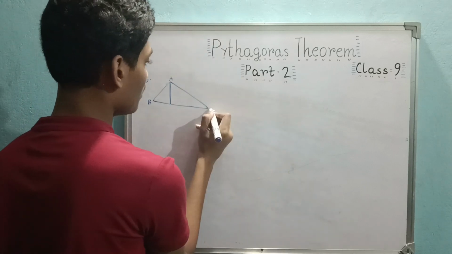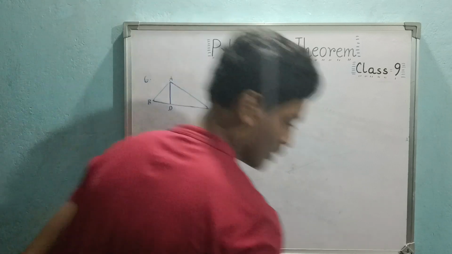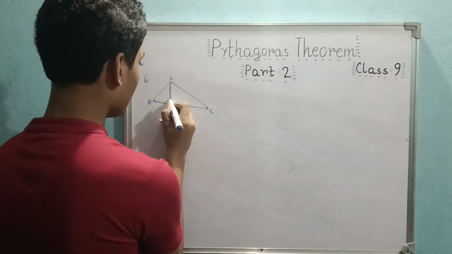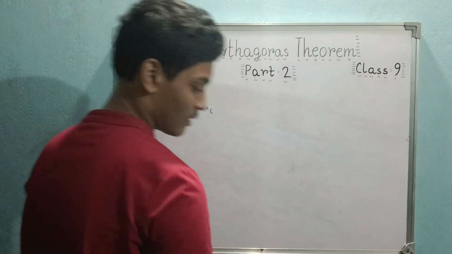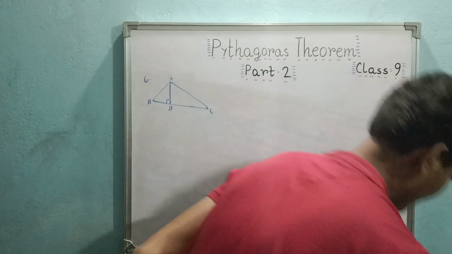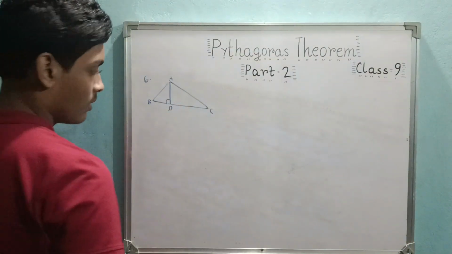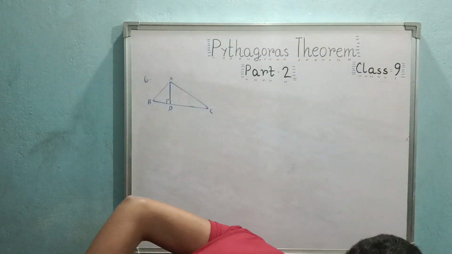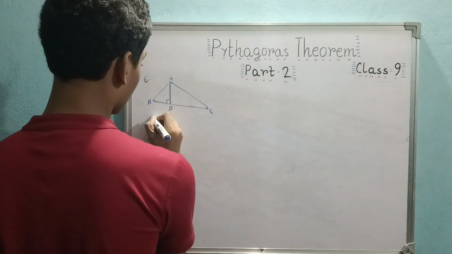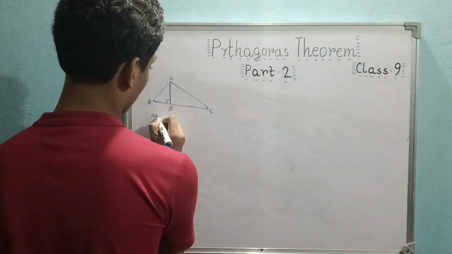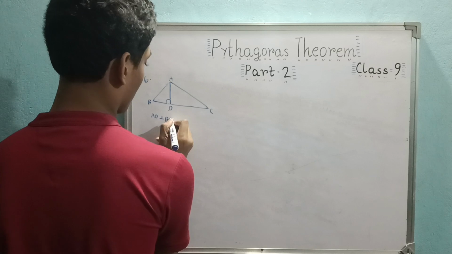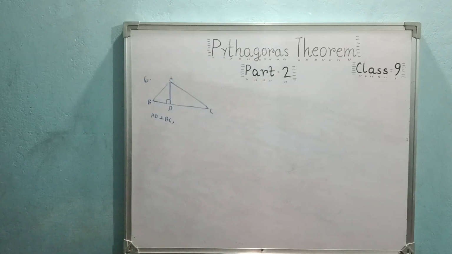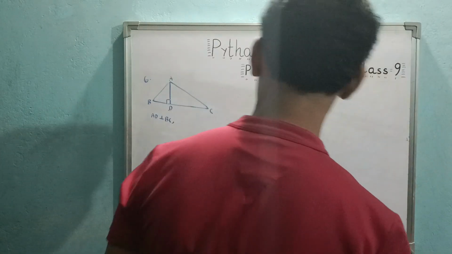Where is the right angle? Yes, on AD the right angle is there. Okay, that's fine. And they have given some details to us. In this figure, AD is perpendicular to BC, comma BD is to DC equal to 1 is to 3.